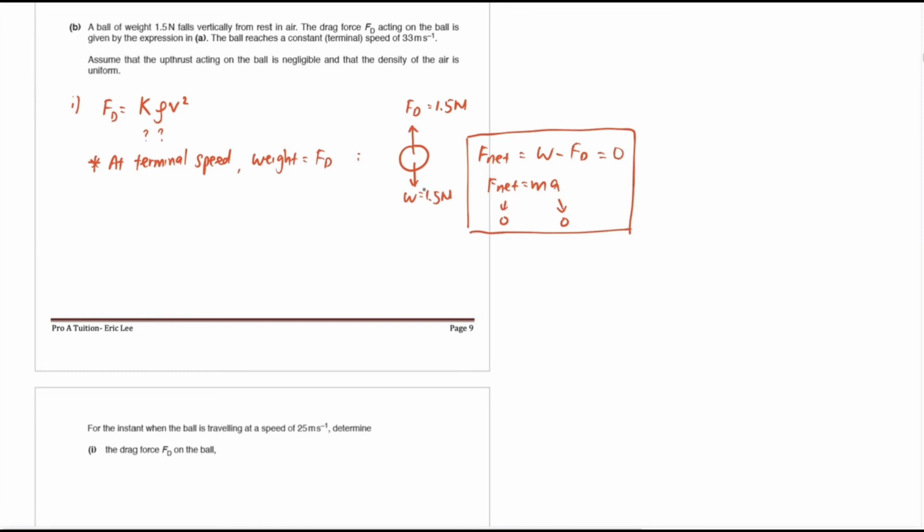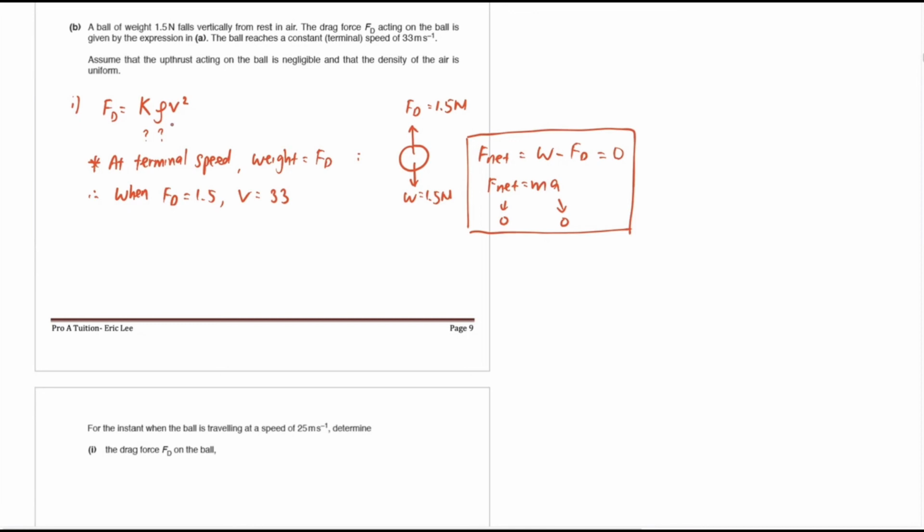If you know this, then we know the drag force is 1.5 Newton at terminal speed. So when drag force is 1.5, velocity is 33. This terminal speed concept leads us to this pair of information: drag force 1.5, terminal velocity 33.